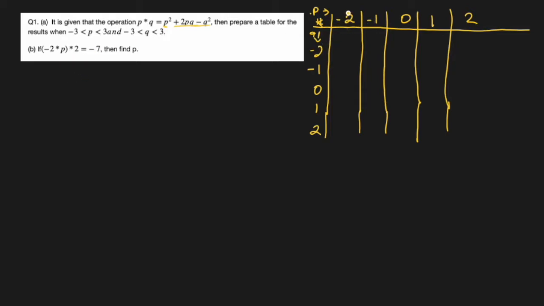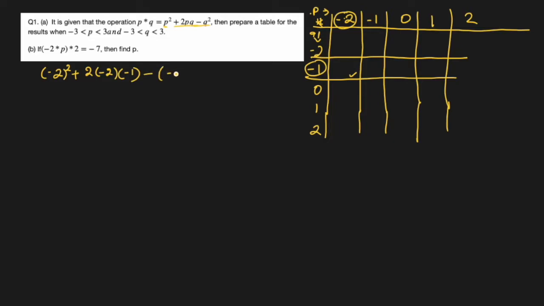So let me do this -2 and -1. That means this particular cell, this one. Okay, so P square, P is -2 in this cell, so -2 square, then 2PQ, 2 times -2, and Q is -1, then minus Q square, Q is -1, and this will be 4, positive 4 that is, and then it will be -4 and positive 4 rather.